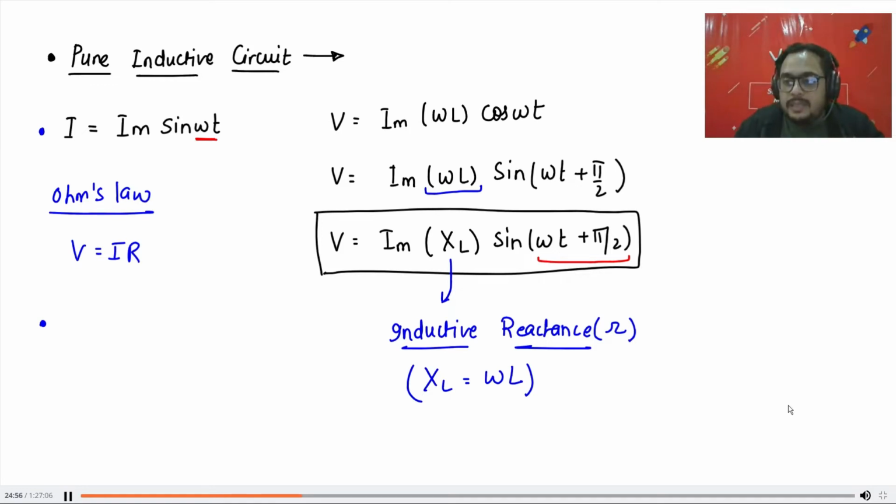So which has higher phase, voltage or current? Which has higher phase, voltage or current? किसका phase बड़ा है? You can clearly see voltage has higher phase. So in purely inductive circuit, voltage leads current by pi by 2.